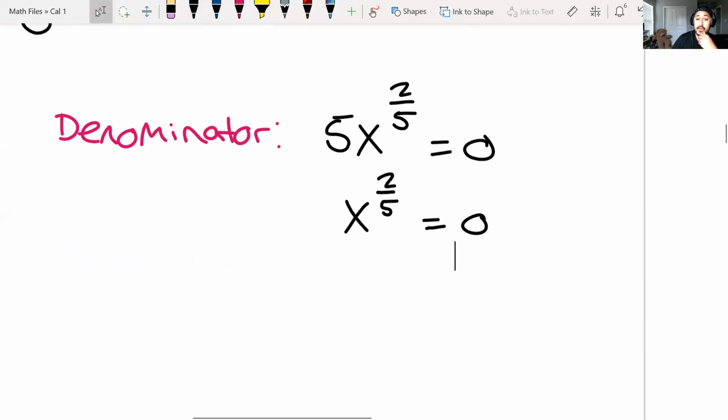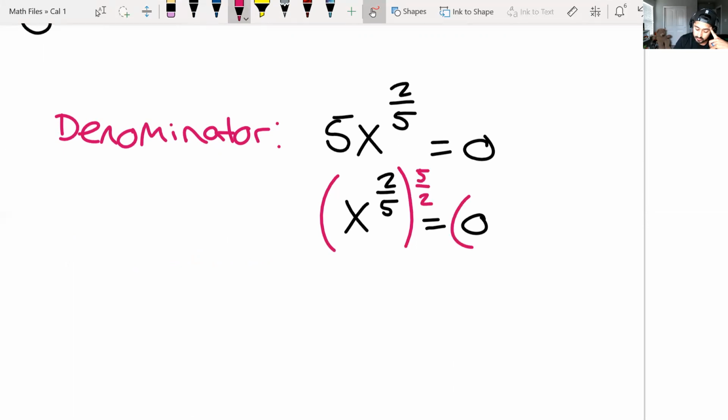Okay. So yes, we know our answer is going to be 0, but how do we get there? And the way you get there is, well, you can raise both sides by the reciprocal power. That's the fastest way out of this. I can say all of this raised to the 5/2, and this raised to the 5/2.